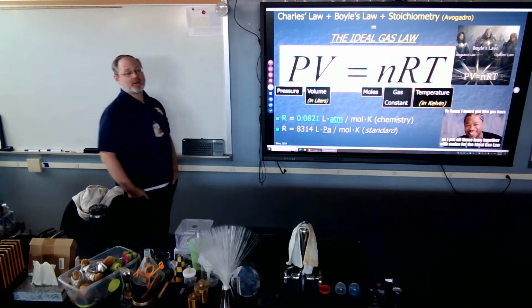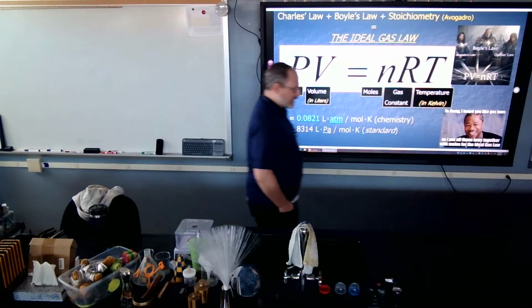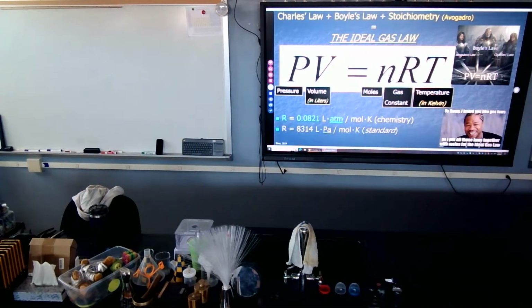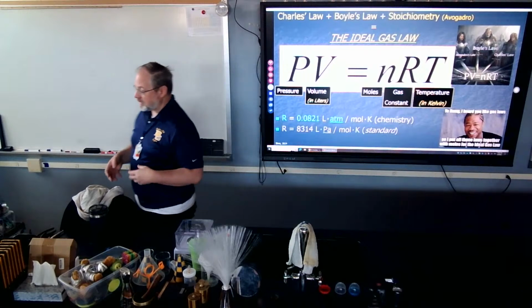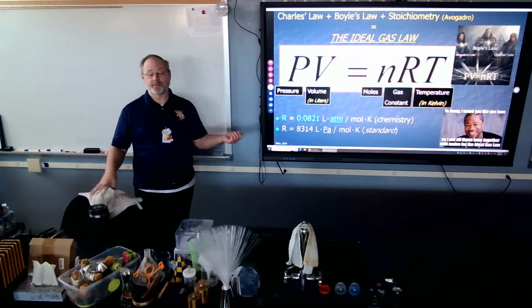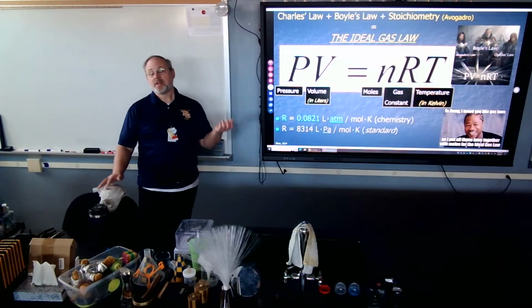So whereas the combined gas law, P, V, and T, compares two samples of gas, the pressure, volume, and temperature of one condition and the pressure, volume, temperature in another condition, the ideal gas law tells us about a single gas in a single condition.